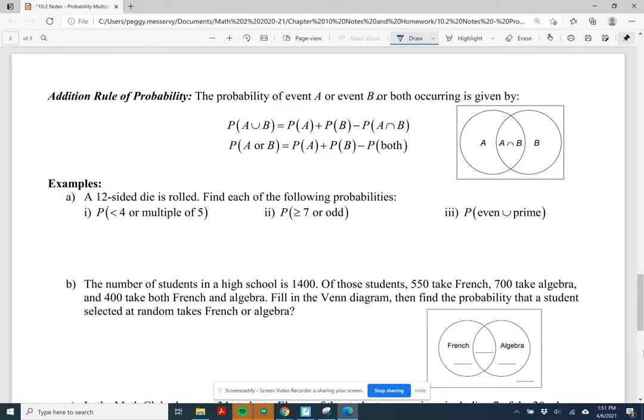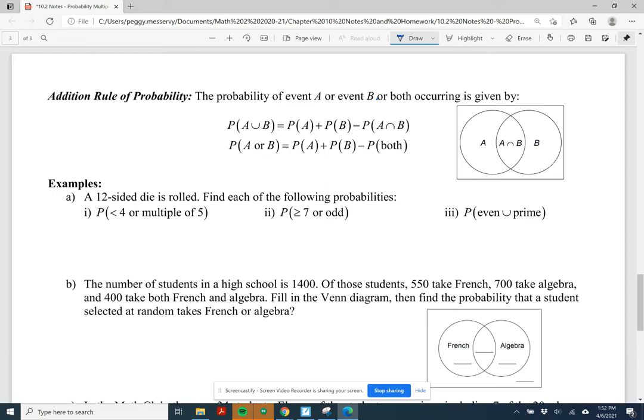Probability of A or B equals the probability of A plus the probability of B minus the probability of both, right? We use the intersection for both. So you can use either one of these versions of the formula. They say the same thing. Union is the or, intersection is the and, or the both.